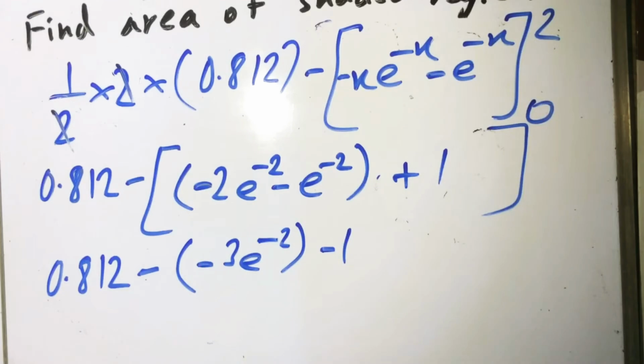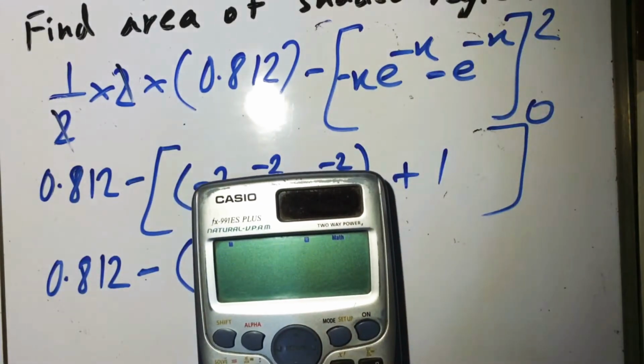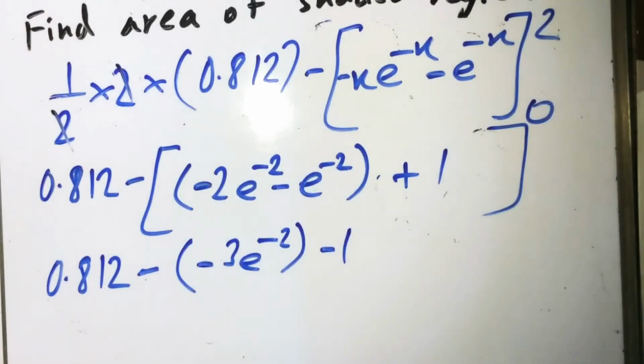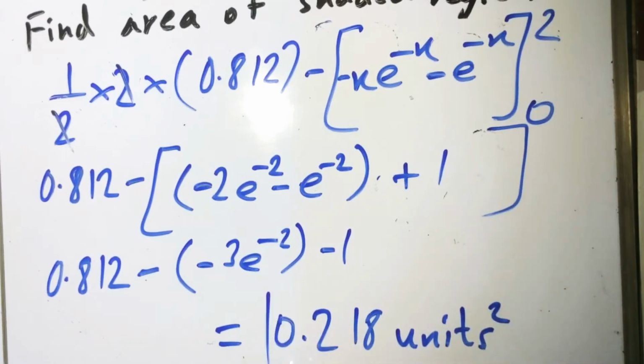Now putting this in the calculator, we're getting the answer 0.218 units squared.